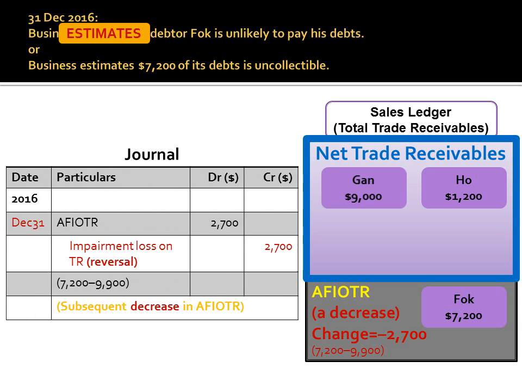We will record this as a reversal on impairment loss on trade receivables account. We can also see that the allowance for impairment of trade receivable account, which has a credit balance, has now decreased, so we need to debit the allowance account, while the impairment loss account is an expense account, so to decrease it, we need to credit the expense account.